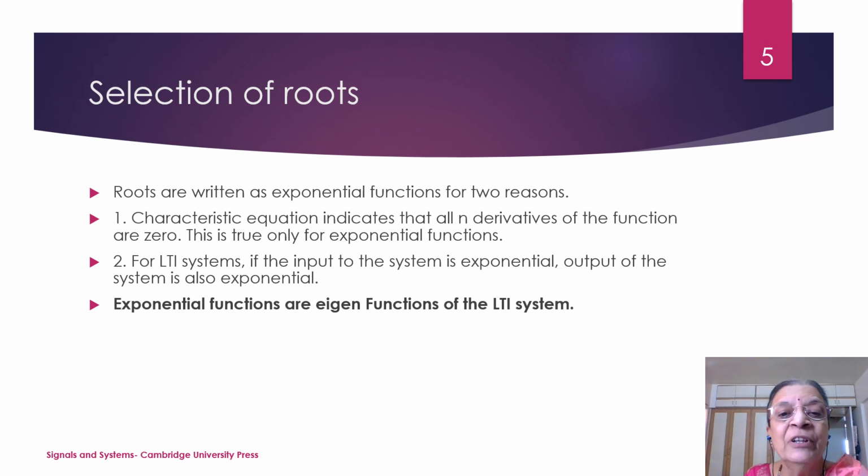For linear time invariant systems, if the input to the system is an exponential function, the output will also be an exponential function. So for these two reasons, we are assuming exponential functions as the eigenfunctions of the LTI system.